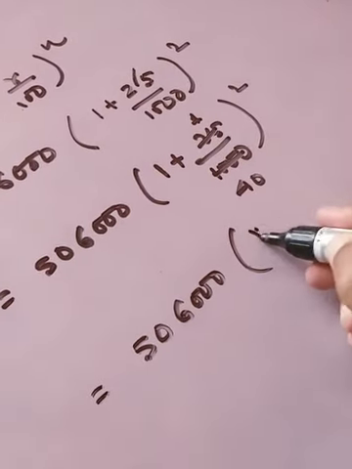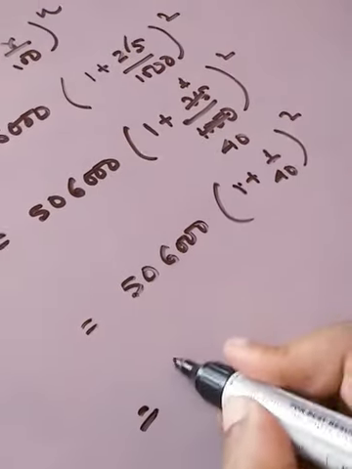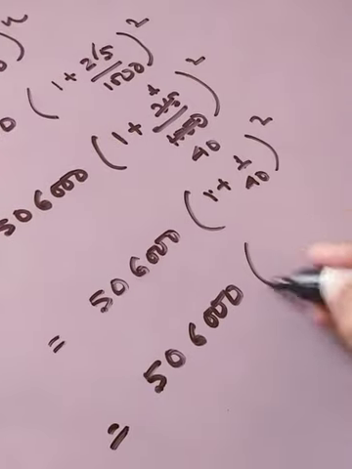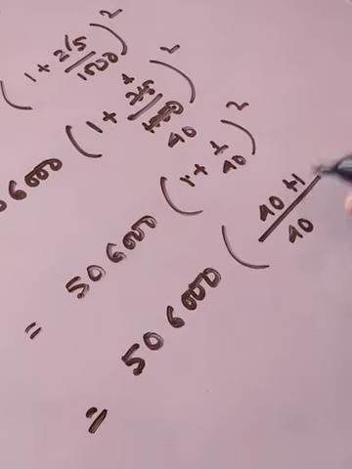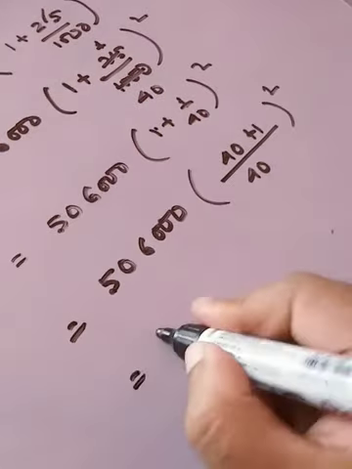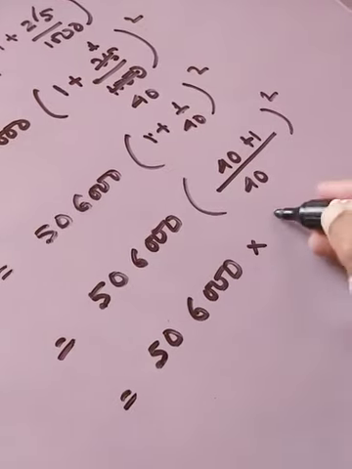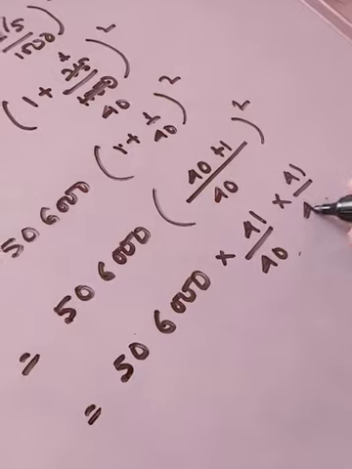So let's write it properly first. After that we'll get the LCM. So 5,06,000 times, now let's solve the bracket, (40 plus 1) to the power 2. So 5,06,000 into 41 by 40 into 41 by 40.